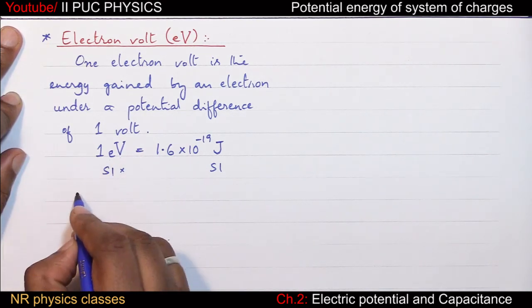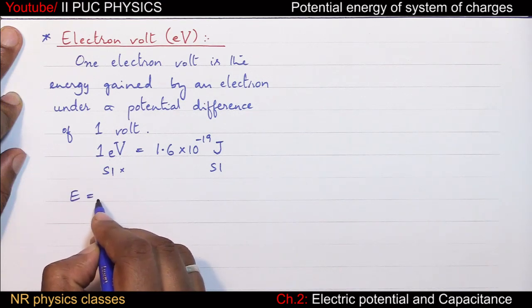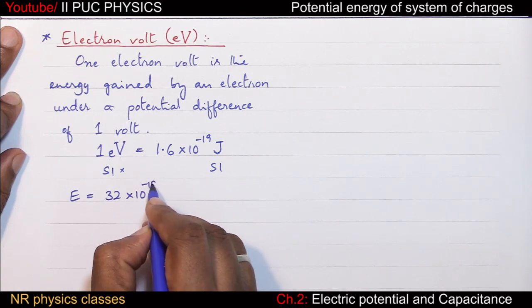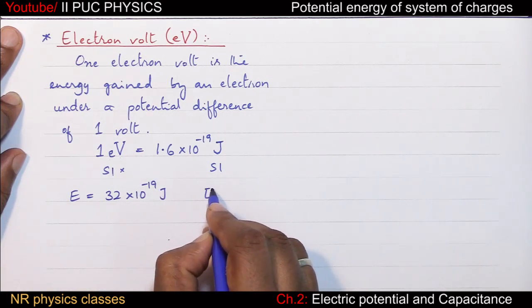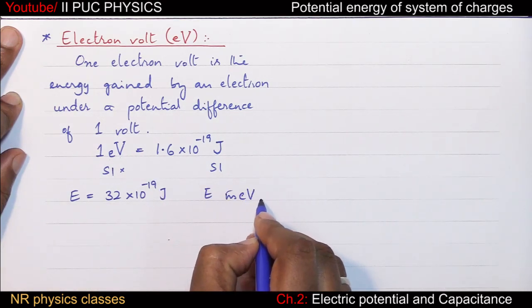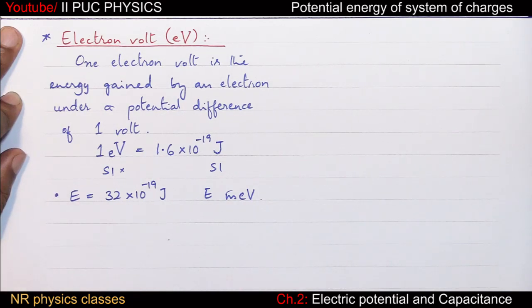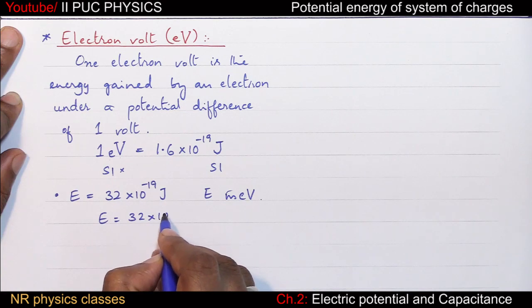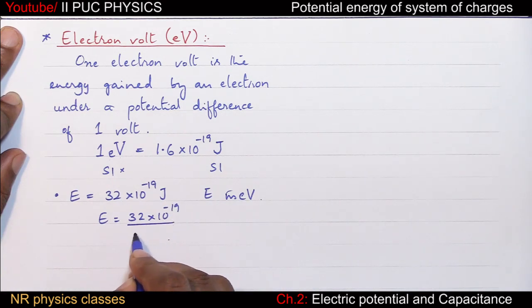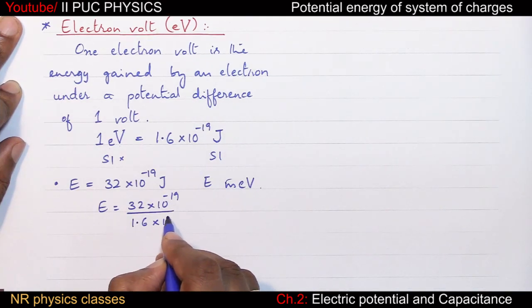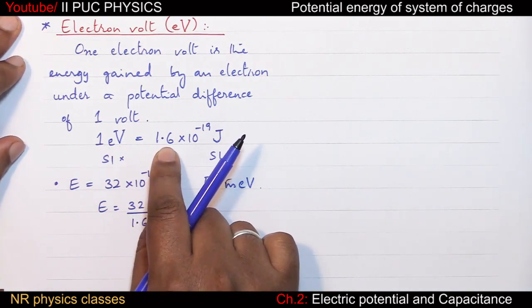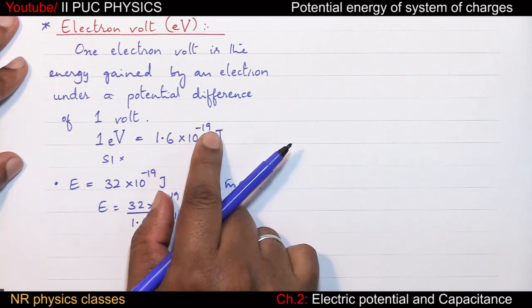For example, energy equal to 32 into 10 to the power of minus 19 joule. So what is the energy in eV? Then energy equals 32 into 10 to the power of minus 19 divided by 1.6 into 10 to the power of minus 19, because 1 electron volt is 1.6 into 10 power minus 19 joule.